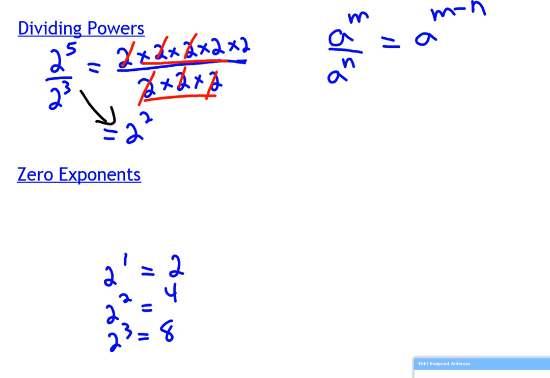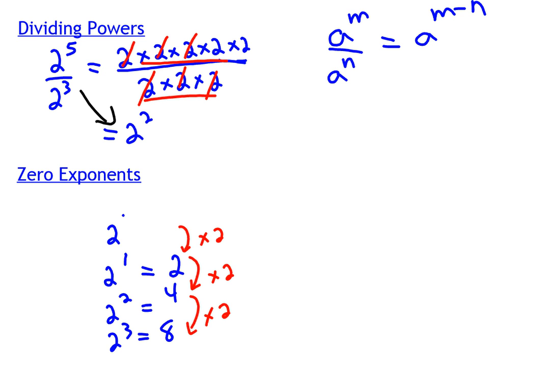If we look at the pattern here, in order to go from one line to the next, we multiply by 2. So if we want to step backwards, what do we have to multiply by 2 in order to get 2? Well, 2 times 1 is 2, so 2 to the 0 then must be equal to 1.